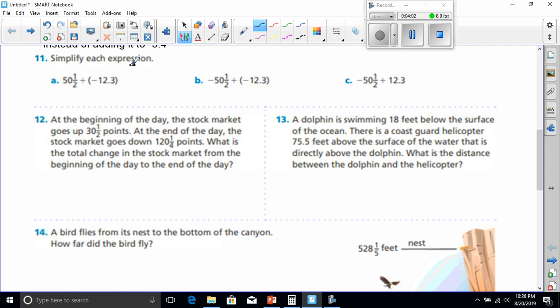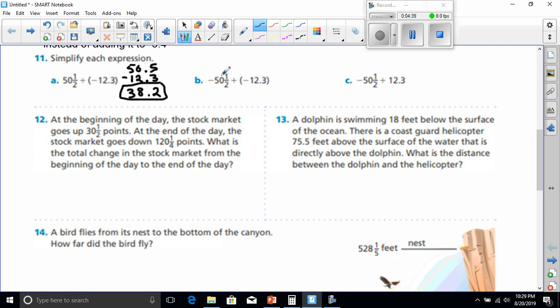So this is really 50.5 minus 12.3. And if we combine these, we see that we have 2, 8, to borrow 1, and that'd be 38.2. Remember, when the signs are different, we take the big number minus the small number and keep the sign of the bigger number. So our answer is 38.2.